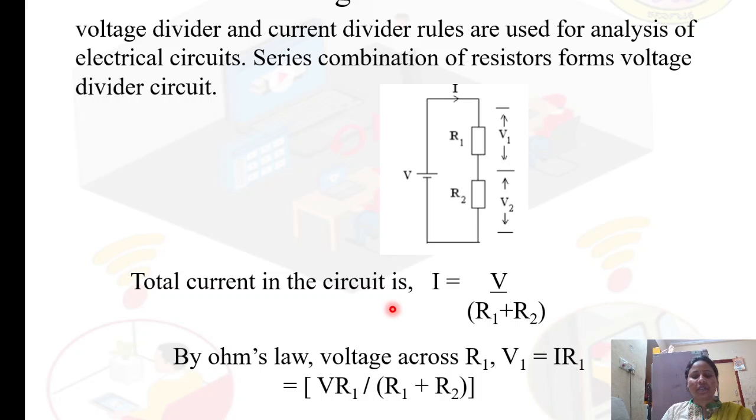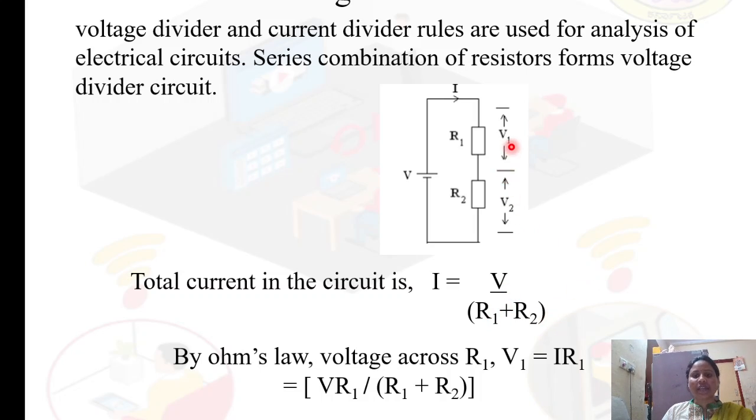Now we will see how we can find V1 and V2 by applying the voltage divider rule. For that, let us first express the main current I as the voltage divided by the total resistance of the circuit. Since R1 and R2 are connected in series, the total resistance is R1 plus R2. Therefore, I is equal to V divided by R1 plus R2.